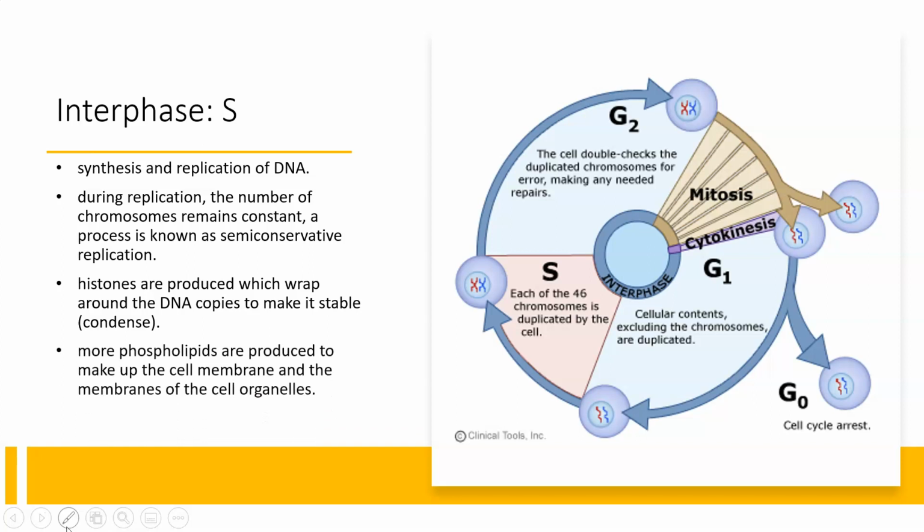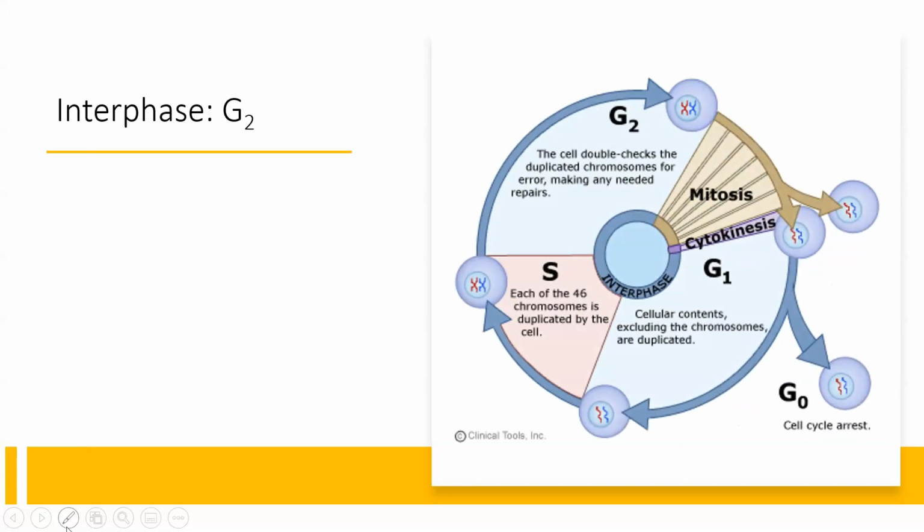So they condense, they become smaller, fatter. You can now see them through an electron microscope. More phospholipids are produced to make the cell membrane and the membranes of the cellular organelles, because at this stage our cell is going to be going into cell division.